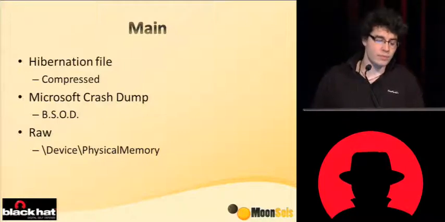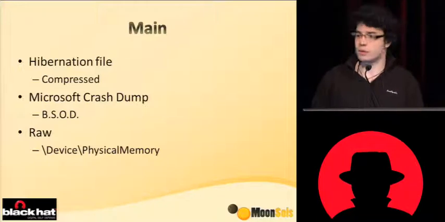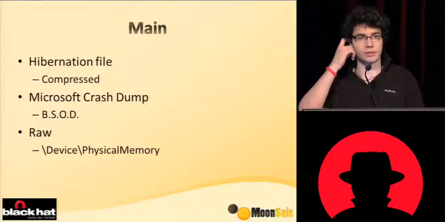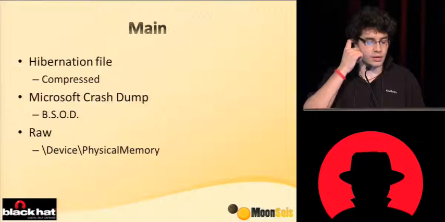What you have to remember is that the hibernation file is compressed, even if it's really easy to generate because it's a feature present on every Windows operating system. Analyzing it is still a challenge because it's compressed, and we will see later it has a lot of different file formats.